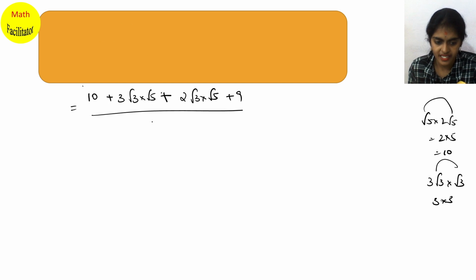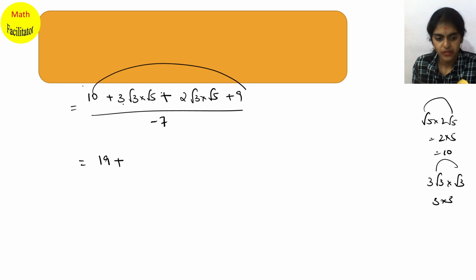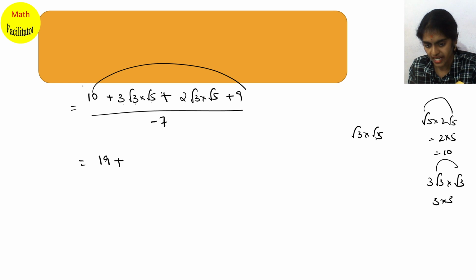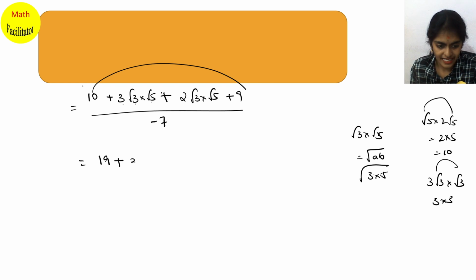20 minus 27 is minus 7. That is equals to 10 plus 9 is 19 plus 3 into root 5 into root 3. Root 5 into root 3 is nothing but root a into root b is root over ab, I can write. So this is root over 3 into 5 which is 15. So can I write as 3 root 15 plus 2 root 15 divided by minus 7.